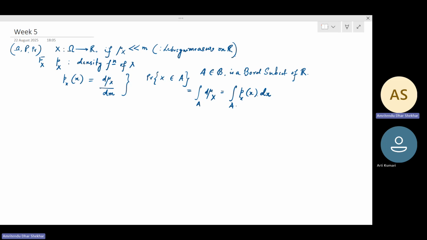But continuity itself is not sufficient to guarantee that the random variable would admit a density function. We need something more. This is the notion of absolute continuity.